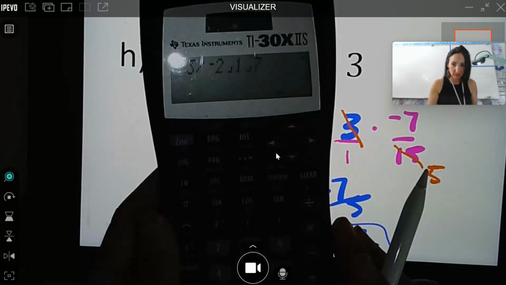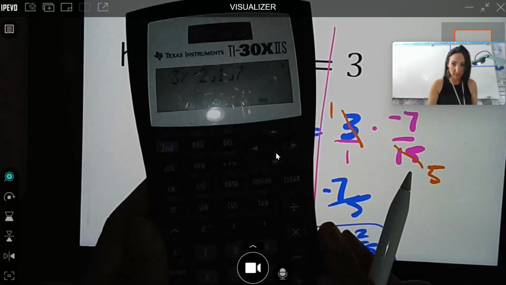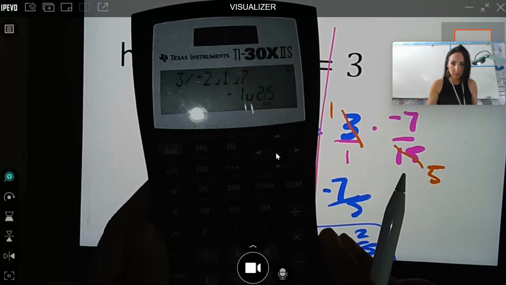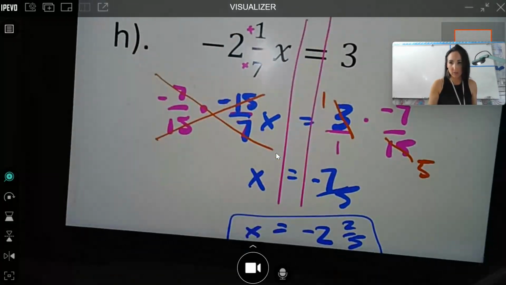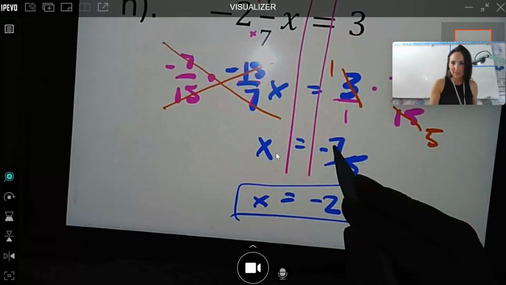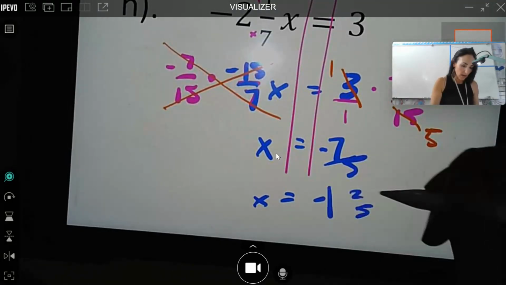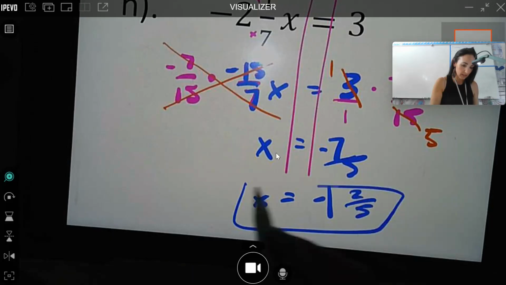So I'm doing 3 divided by negative 2 1/7 in my calculator. Press enter. Oops. Ooh, I made a mistake. Negative 1 2/5. So good to have the calculator. Yeah. 5 went into 7 once. That was silly of me. So we have negative 1 2/5.